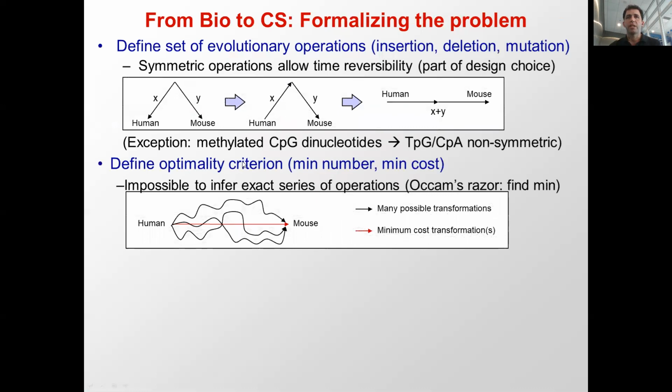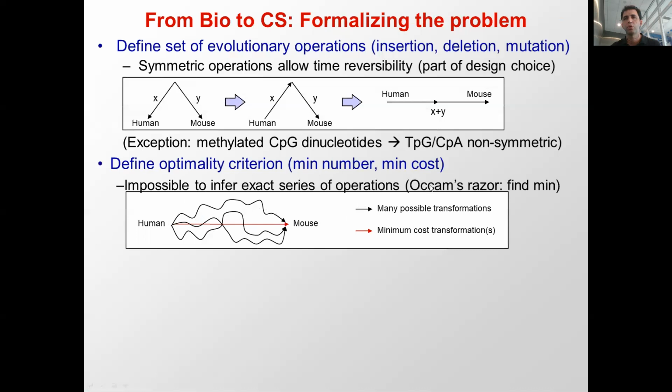We can start defining an optimality criterion, namely what is the minimum number of operations or the minimum cost of operations. And again, it's kind of impossible to actually infer the exact series of operations because the sequences may have gotten further from each other and then closer and then further again.